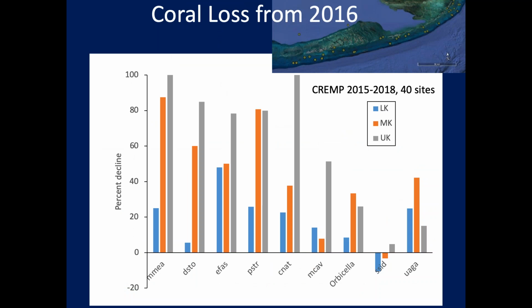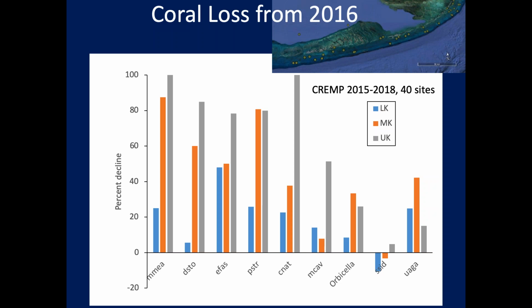A similar trend has been observed within the Florida Keys. This shows the percent decline in colony abundance between 2015 to 2018 within 40 permanent study areas in the lower, middle, and upper Keys. Overall, the highest proportion of losses were observed in the upper Keys.